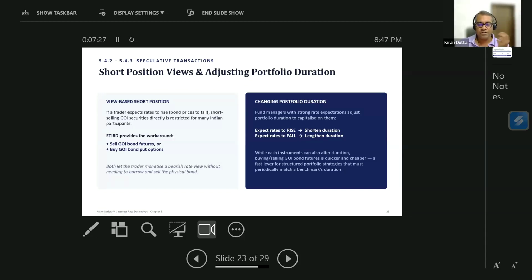If they expect the rates to fall, they lengthen the duration. What do we mean by that? Either square off the existing positions and then play with the contracts with the shorter duration or the longer duration.